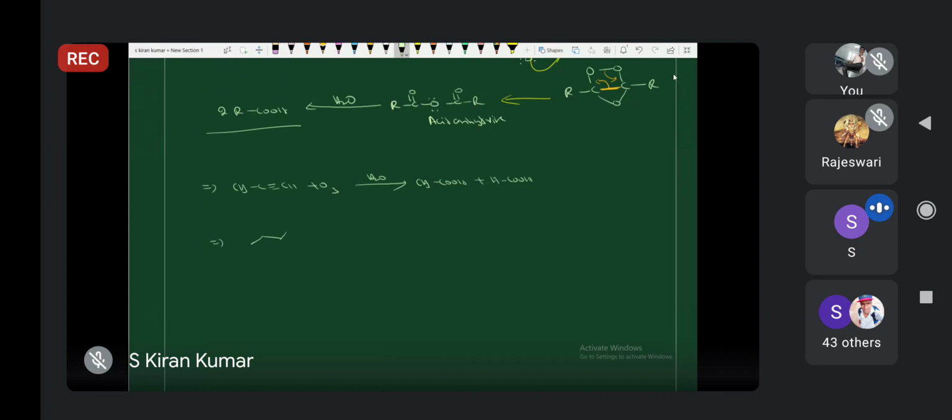2-butyne on ozonolysis. Next, 2-pentyne on ozonolysis.